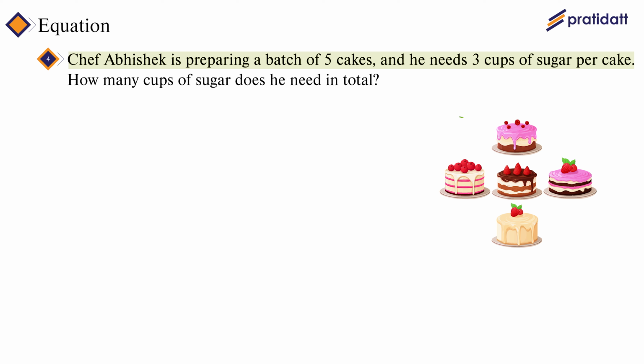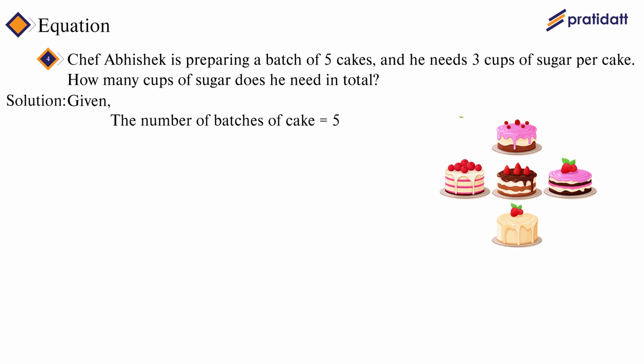That is x divided by 5. And the sugar required per cake is 3 cups. That is x divided by 5 is equal to 3 cups. The total number of sugar cups required is x. Now let's write the solution.